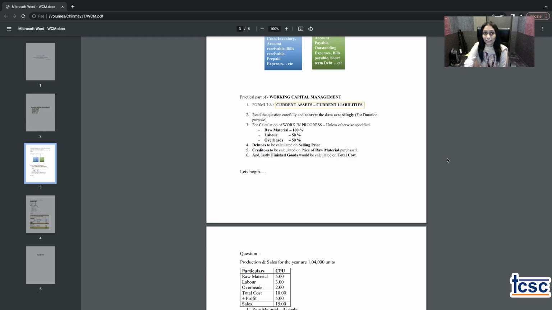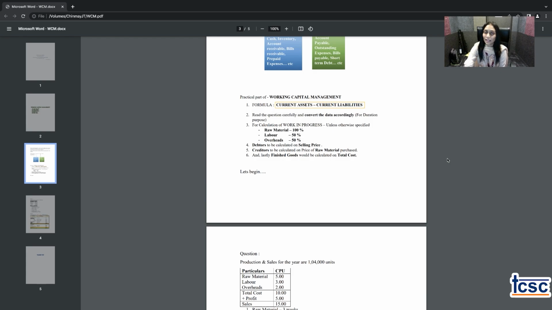You have to be very cautious about the units given, whether they are per year or per month or on a weekly basis. And secondly, you need to look at the time lag period given, whether in weeks or in months, etc. Accordingly, you need to convert your data.